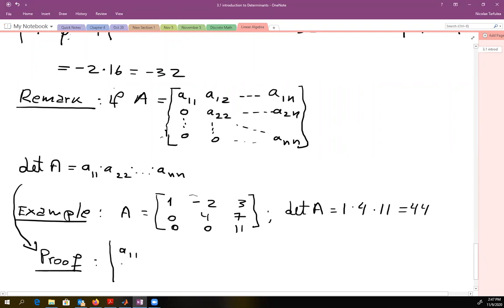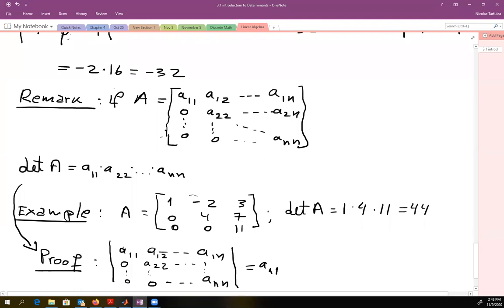which is A11, keep in mind that the entries below A11 are all zeros. And then this is A1n. Then you have A22, all zeros below that, Ann. Well, according to the definition, this is A11.